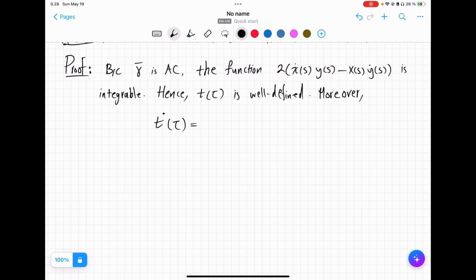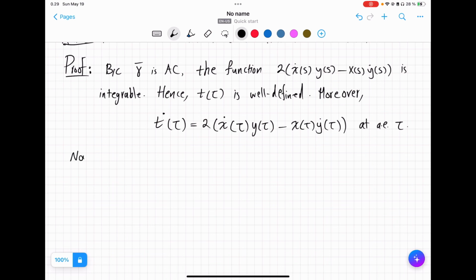So AC is the class of functions where what we knew in Calculus 1 in undergrad does actually hold, and the counterexamples cannot exist in the AC class. So anyway, because we're integrating an integrable function to define t, when you take the derivative, you go back to the function itself. So this becomes 2 times x prime of tau y of tau minus x of tau y prime of tau at almost every tau.